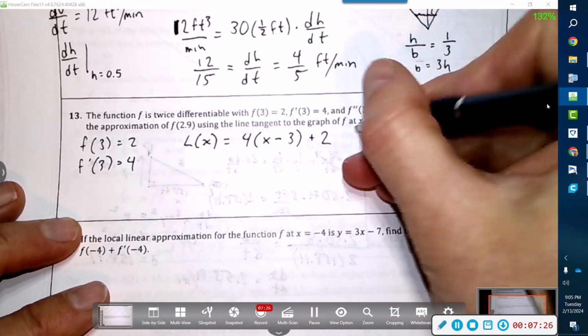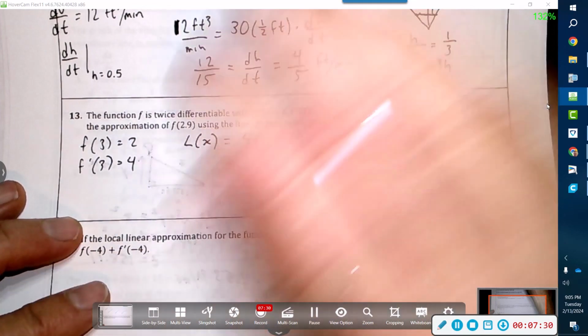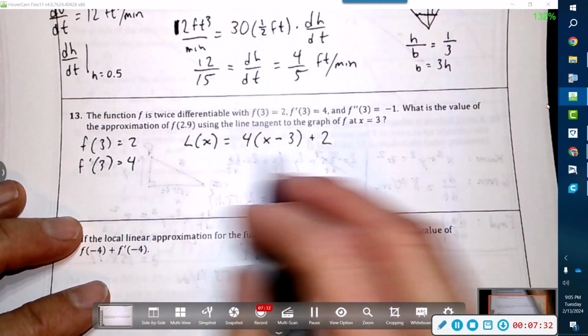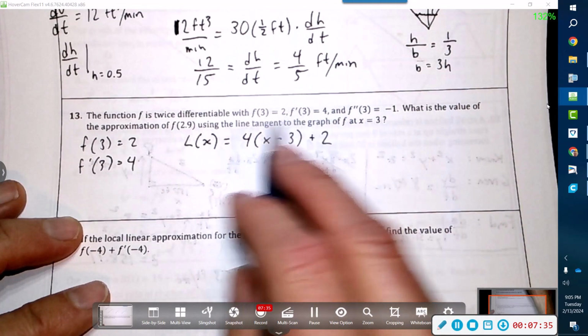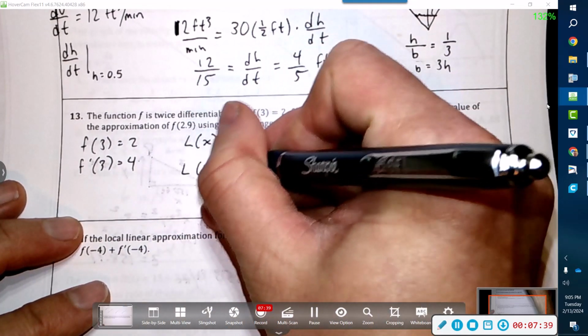Some textbooks would put the 2 in front and then x, but that's fine. And this is the line that approximates this function. So we want to go ahead and plug in a 2.9 there.